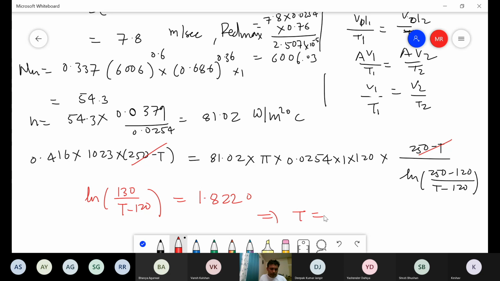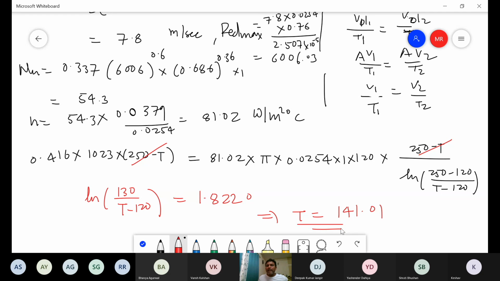So 130 divided by e to the 1.822, plus 120, comes around 141.01.